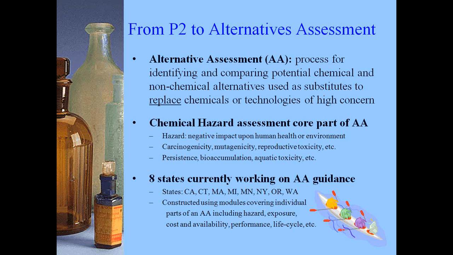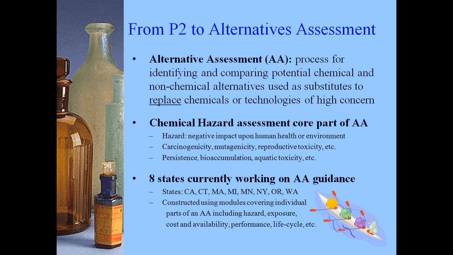The reason why hazard is used a lot is because it has a major impact on human health or the environment. And by hazard, we mean things like carcinogenicity, mutagenicity, reproductive toxicity, and also environmental toxicity, so what impact it has on non-human species. And also persistence, bioaccumulation, aquatic toxicity, but also some other criteria like flammability and explosivity and things like that.